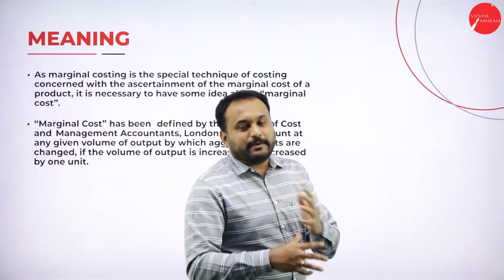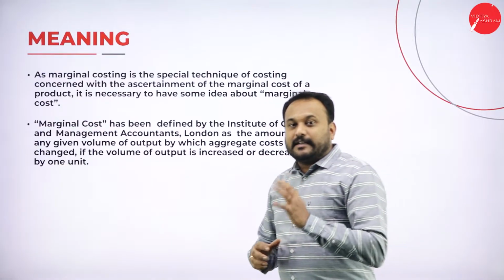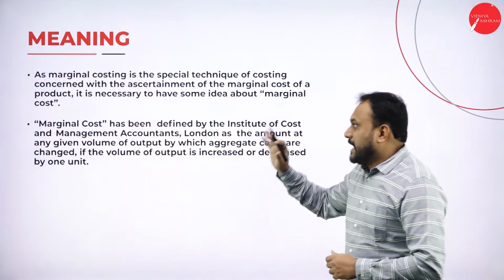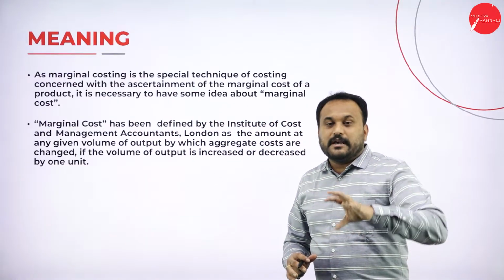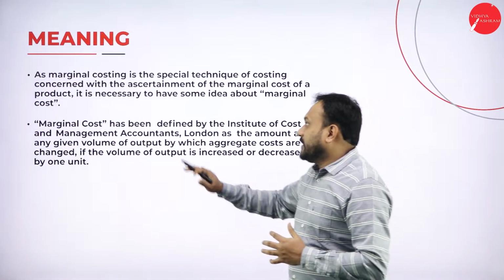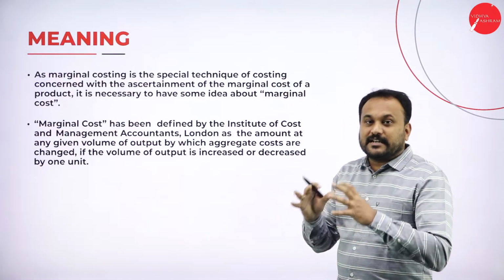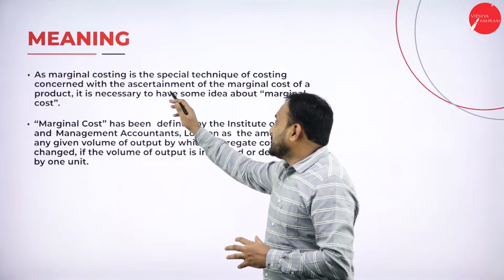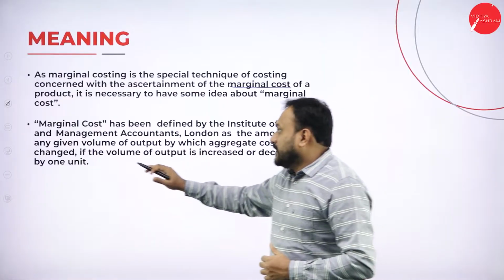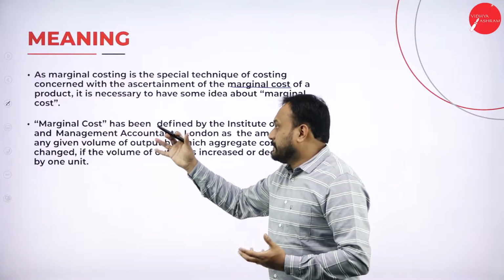A lot of people have defined marginal costing in their own ways. Let's understand how the London School of Business has defined it. Marginal costing is a special technique of costing, concerned with the ascertainment of marginal cost. So what is this marginal cost? Here you need to understand it by the definition of people who have coined it.